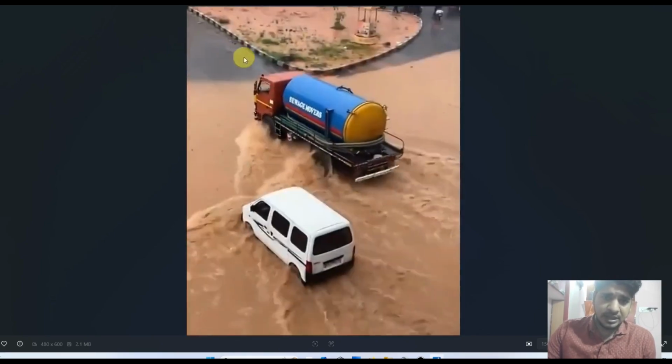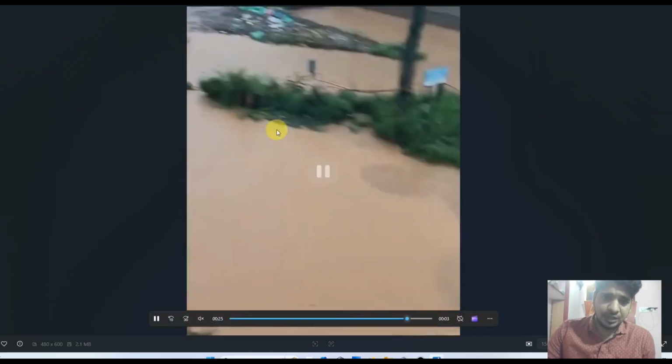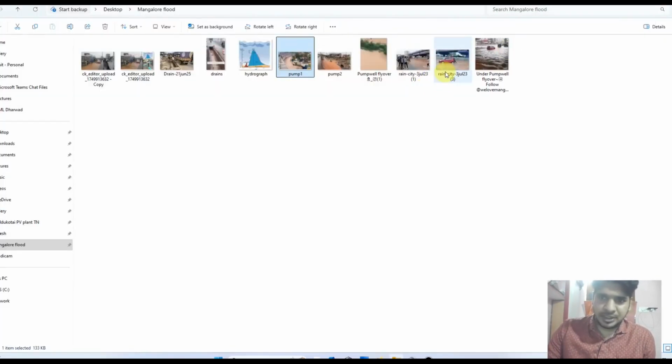So you can clearly see the flooding. But as you move away from this road, the flood depth reduces, which says that the accumulation of water is taking place only around this underpass area. And I have some other pictures to show you.